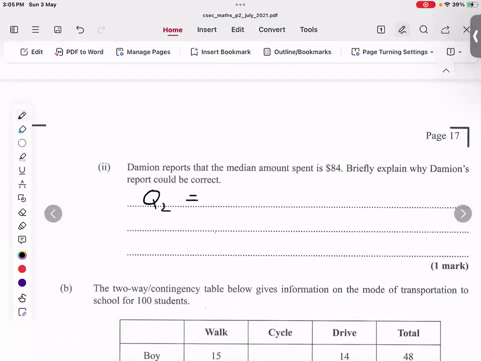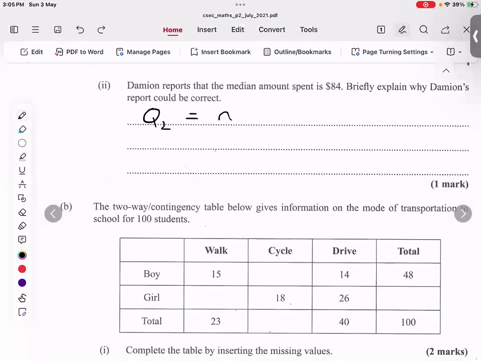So Q2 is equal to n plus 1 divided by 2, where n is the total population. The population is 100, plus 1, divided by 2. So it's 101 divided by 2. The median is located at the 50.5 value.